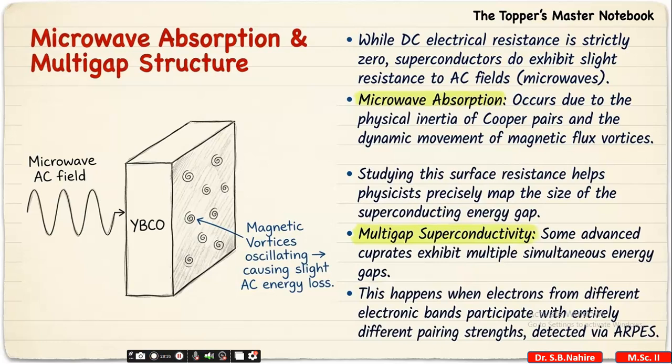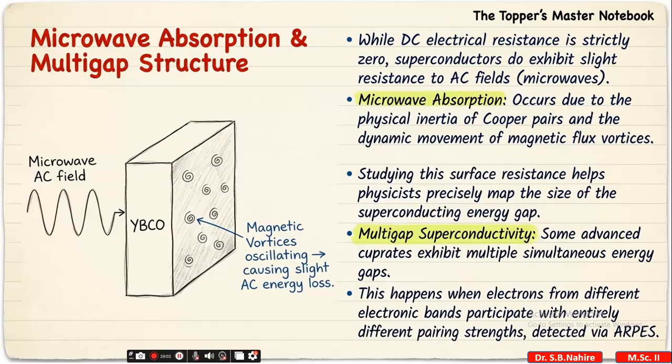Now, next point. By studying this surface resistance, scientists can accurately determine the size of the superconducting energy gap. This is very useful for understanding the internal electronic structure. Now, next concept. Multi-gap superconductivity. In some advanced cuprate materials, more than one energy gap exists at the same time.